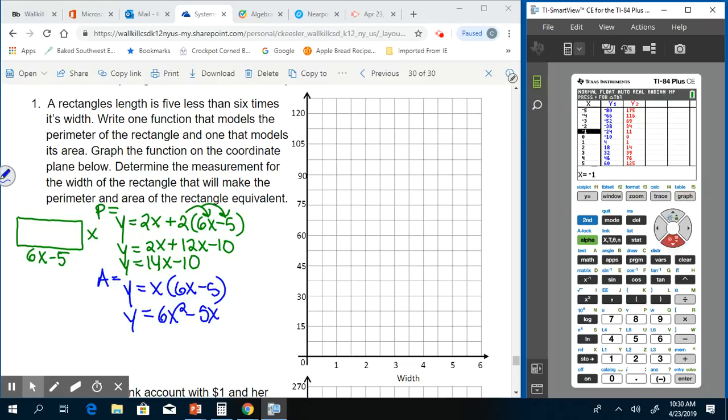In this case, again, we're only using realistic dimensions, so we only want positive values. Starting with that first graph, I can't even graph the 0, negative 10, so I'm going to ignore that and go right to 1, 4.